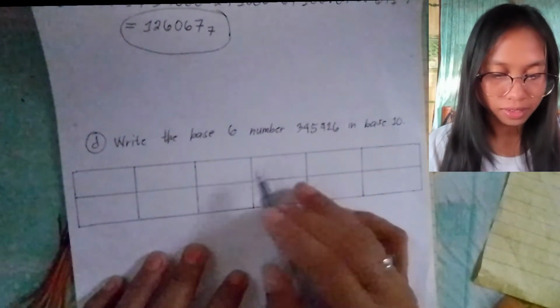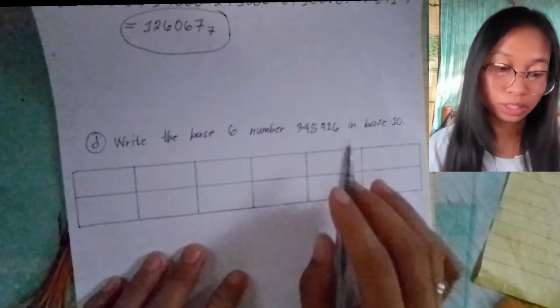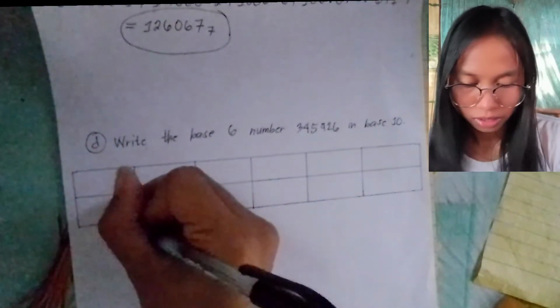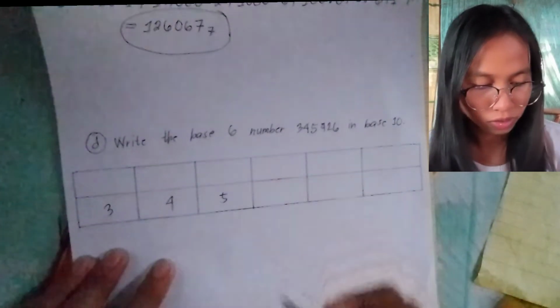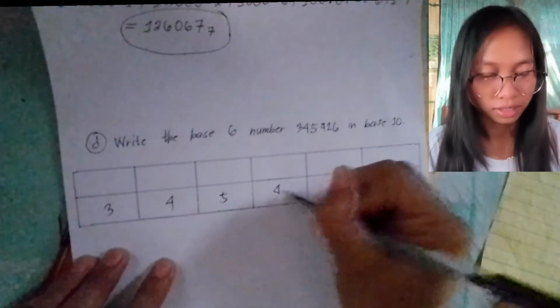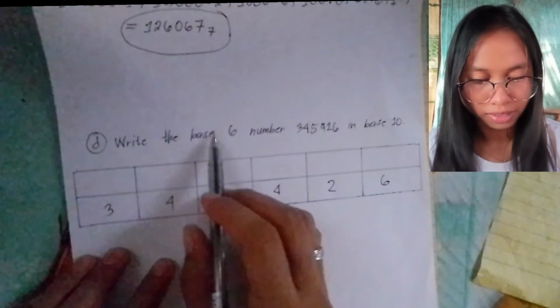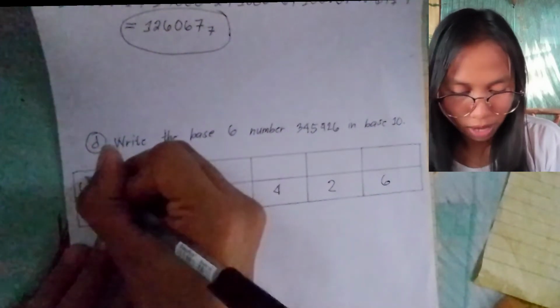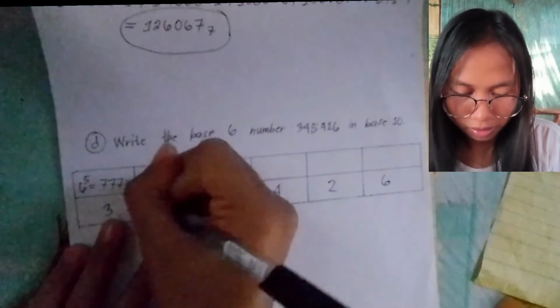Write the base 6 number 345,426 in base 10. 345,426. Write the base 6. So 6 raised to the power of 5 is 7,776.